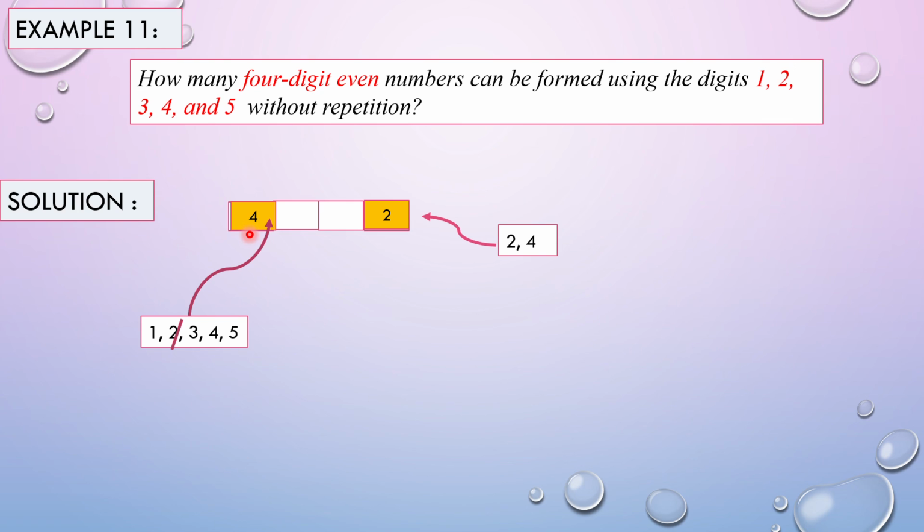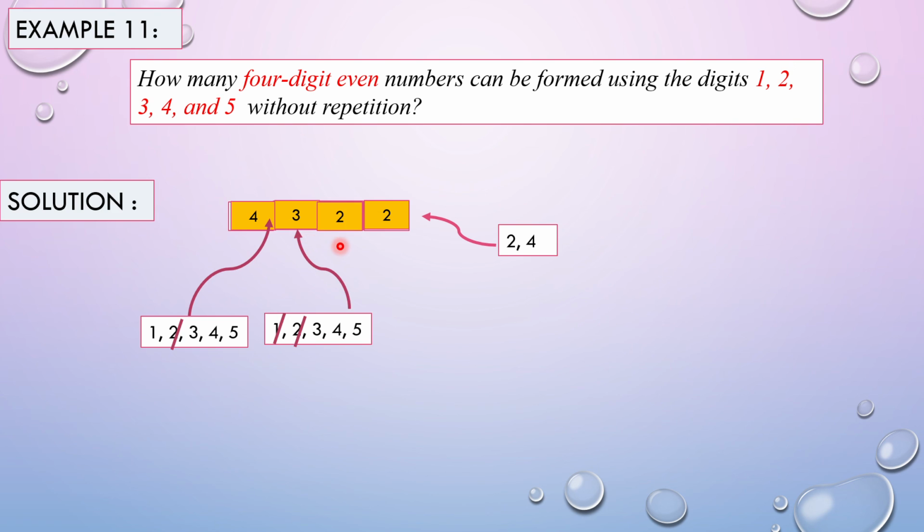Followed by the second box. For the second box, maybe we have taken out the digit 1 and digit 2, for example. Therefore, remaining we have only 3 options. So put in the value 3.